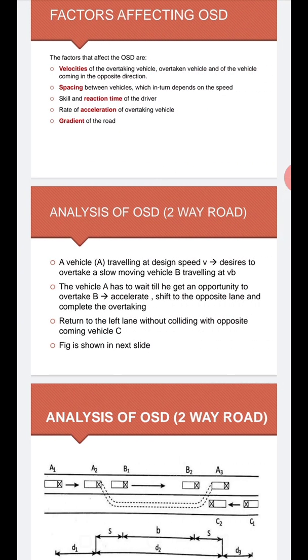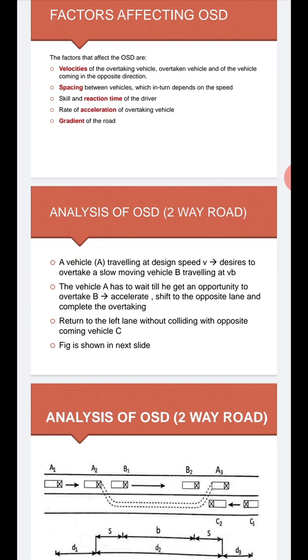Now the factors affecting the OSD: the speeds or velocities of the overtaking vehicle, the overtaken vehicle, and the oncoming vehicle. Next is the spacing between the vehicles, which in turn depends on the speed, that is the distance between the overtaking and overtaken vehicle. Next is the skill and reaction time of the driver.